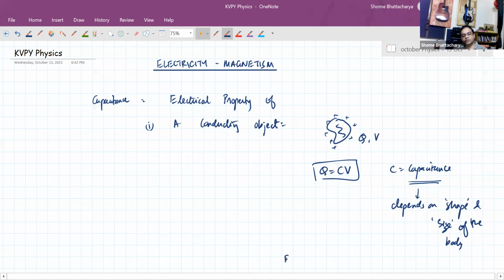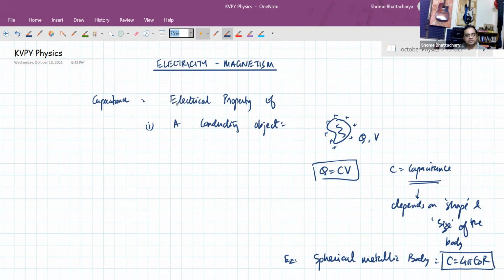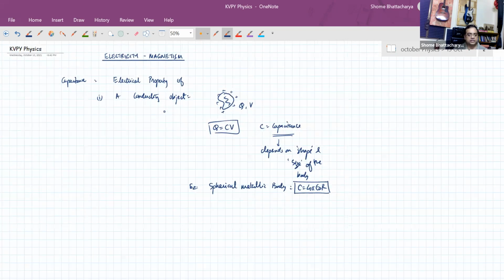So for example, for a spherical metallic body, the value of capacitance is given by 4 pi epsilon naught into R, where epsilon naught is the permittivity of free space. So that constant 4 pi epsilon naught is related to the constant that we had seen in Coulomb's law and electrostatics earlier. Now let's look at the second type of definition of capacitance.